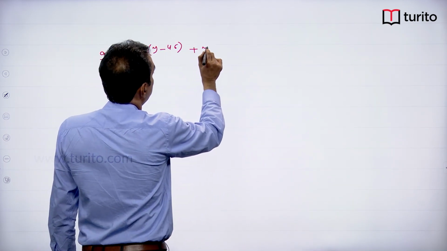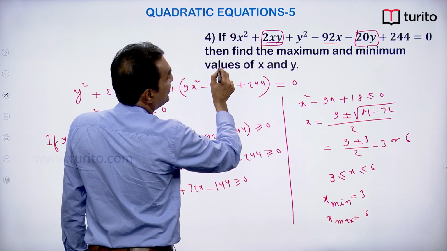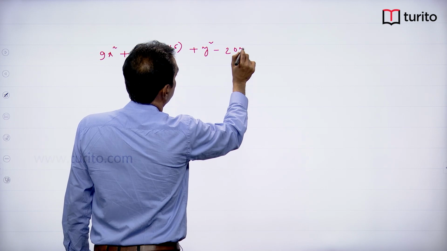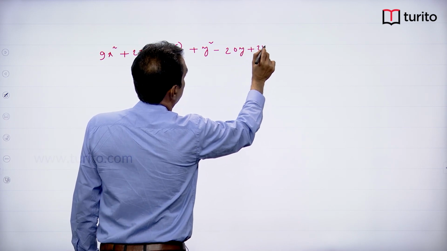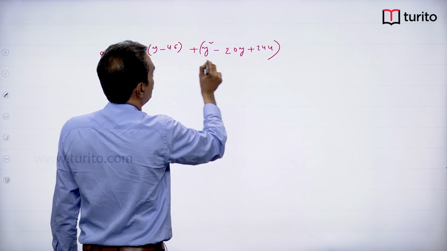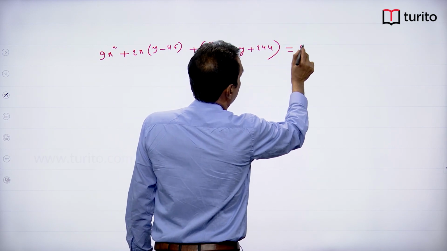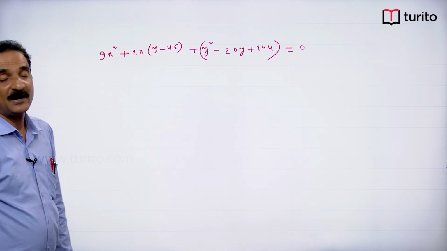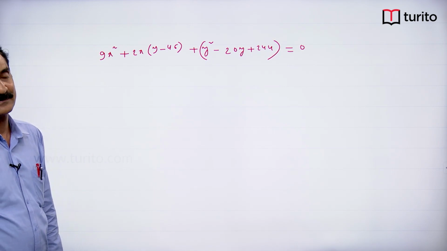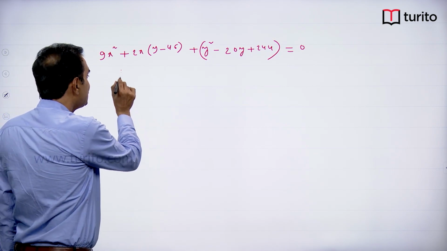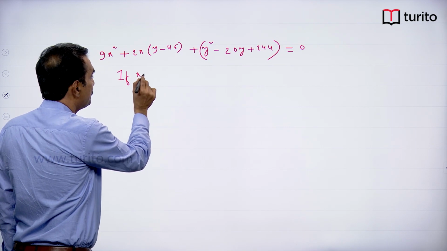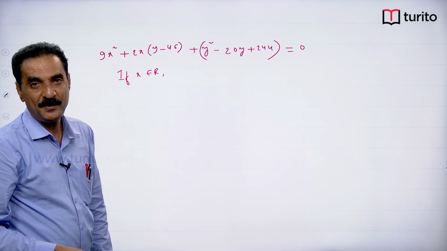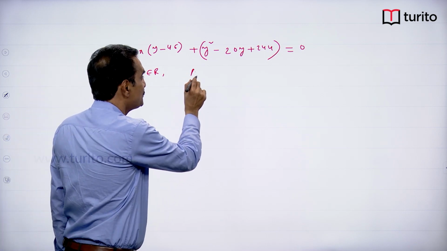Y square minus 20y plus 244. The same equation is expressed as a quadratic equation in x. If x is real, what is the condition? Discriminant should be greater than or equal to 0.